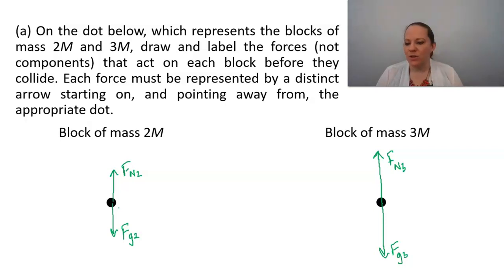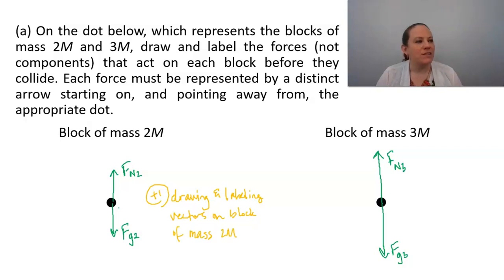So here's our scoring. Pretty short and sweet for this one. We have 1 point for correctly drawing and labeling the vectors on the block of mass 2m.